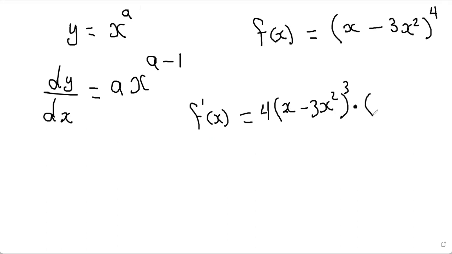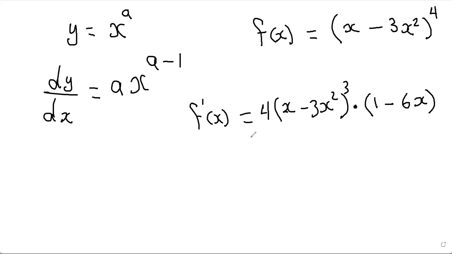Now you have to go on the inside and start taking the derivative of this. The derivative of x is just 1, because you have a 1 there: 1 minus 1 is 0, x to the 0 is 1. Minus, and here you bring the 2 down, you get 6x, and you take away 1 from the 2, and you get x to the 1, and that's it.